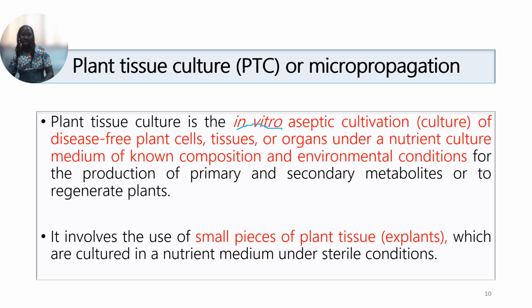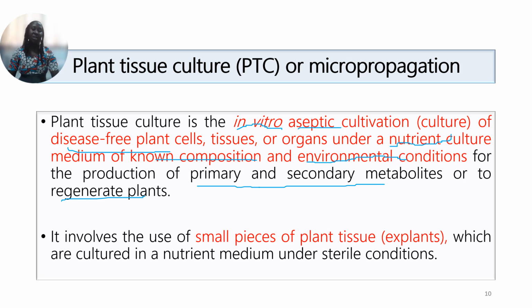First, it is done outside the living organism. It is an aseptic technique, and it produces disease-free plants. And it should use nutrient media which has a known composition, and the environmental conditions should be controlled. And in the end, we expect to get either primary or secondary metabolites or generate a plantlet. So that is what plant tissue culture means.